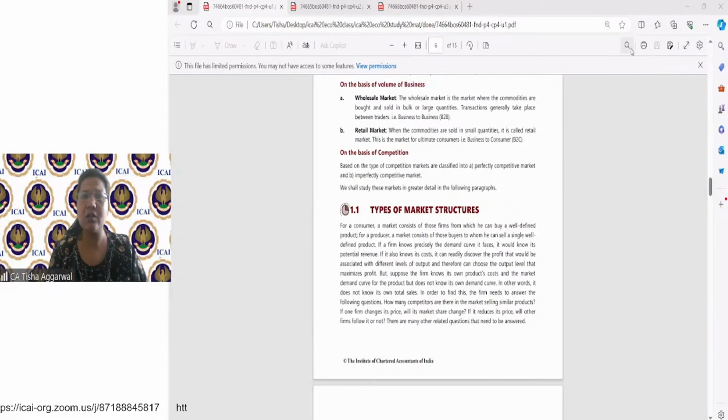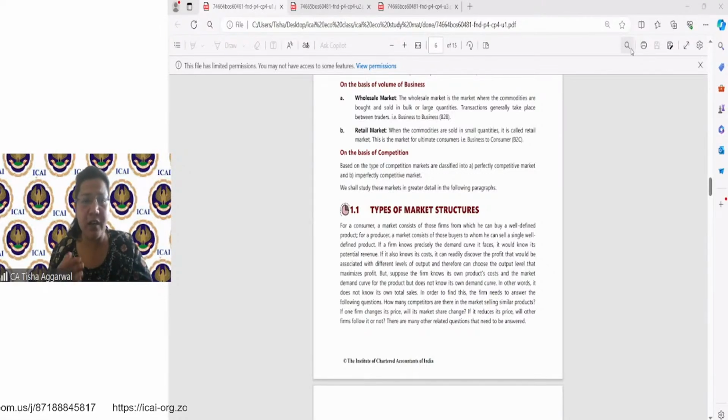So this is how the whole thing takes place. Okay, perfect. Tamanna wants to understand very long period market. What is very long period market? Very long period market is that market wherein the supply can be changed. Please understand.